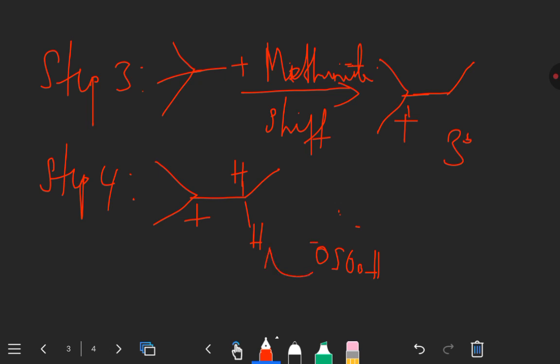It can grab this hydrogen. After it grabs this hydrogen, the bond between hydrogen and this carbon will break, forming a double bond there. So basically what you're going to form is this compound.